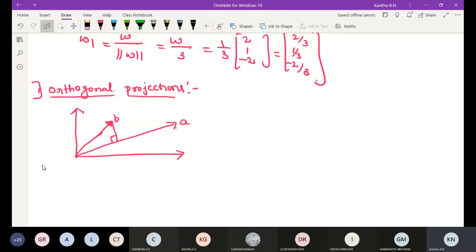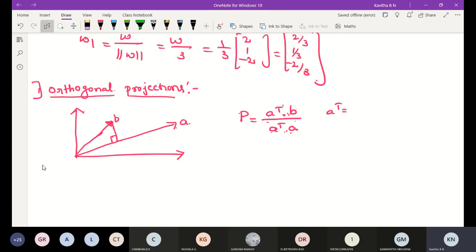Orthogonal projection means the formula here, P is equal to A transpose B divided by A transpose A.